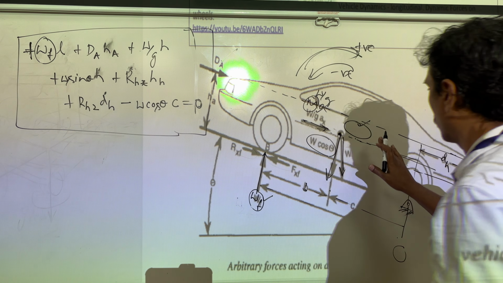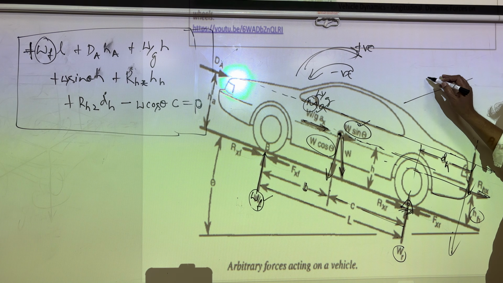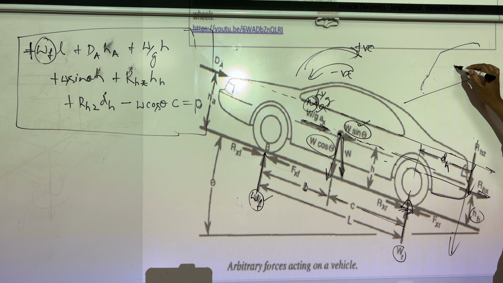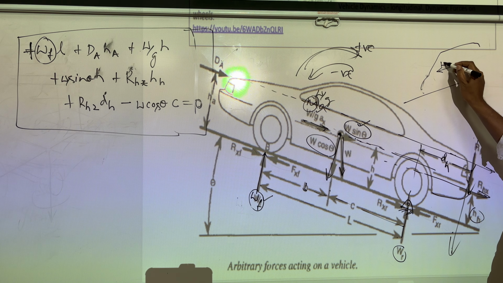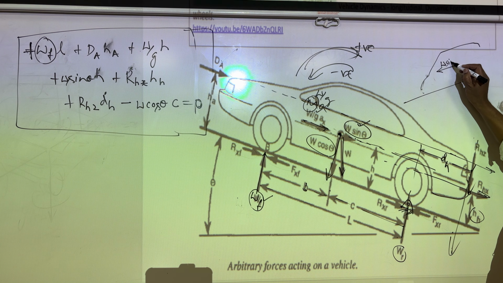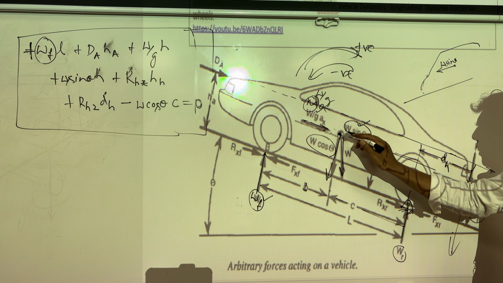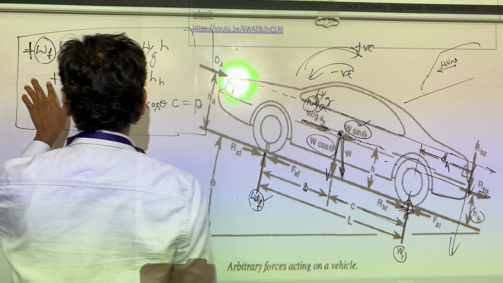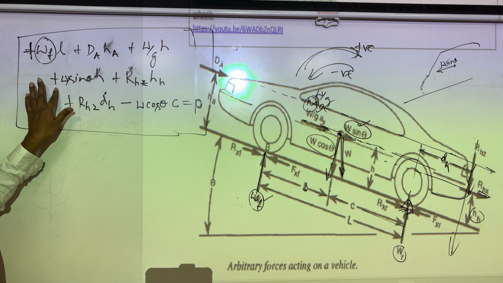If the car is going downwards like this, then this W sin theta will act forward. Instead of acting like this, it would act forward. Then this W sin theta has to be taken as negative.